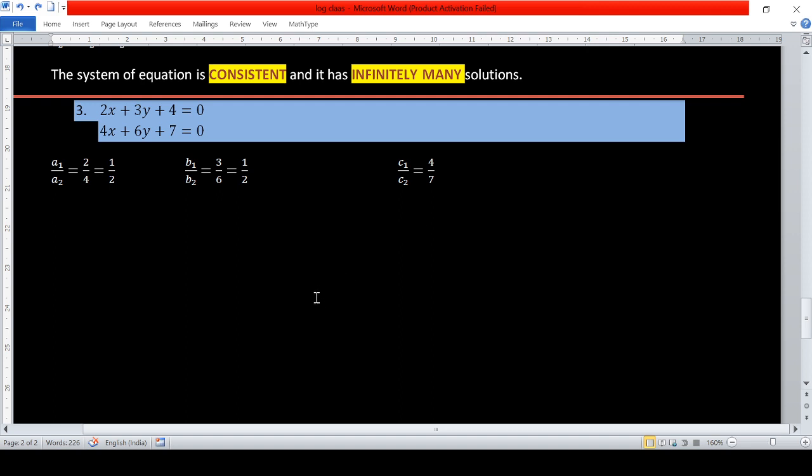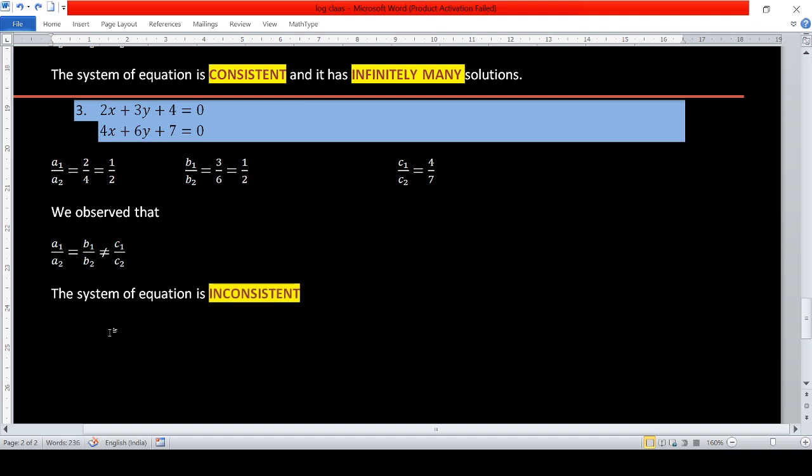Again, our observation: we observed that a1 by a2 is equal to b1 by b2 but not equal to c1 by c2. So as per the table, the system of equations is inconsistent and has no solution, and graphically they are parallel lines.